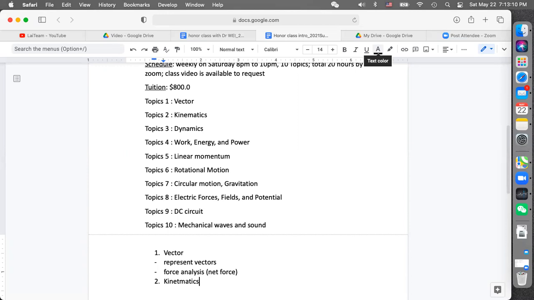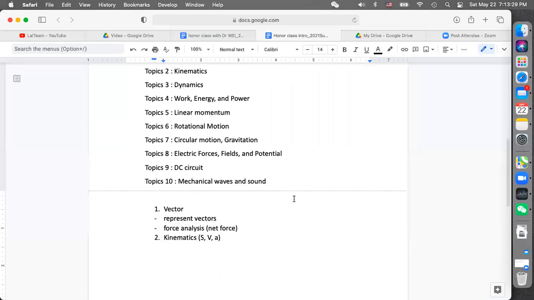Remember, I use the word describe. For example, you want to describe to your friends something you saw in terms of kinematic language, that is where it is, what the velocity is, and what the acceleration is. So these three variables are in the realm of kinematics: how you describe a moving object.